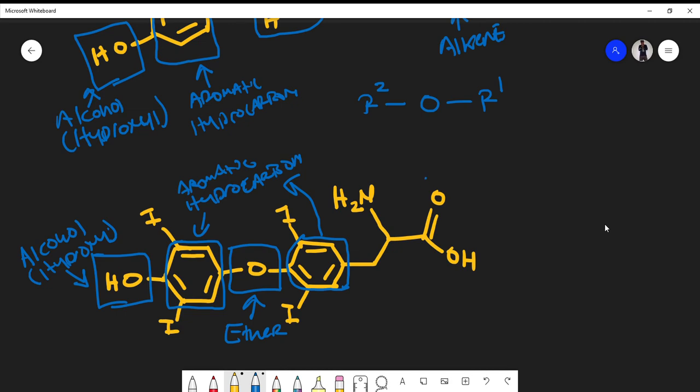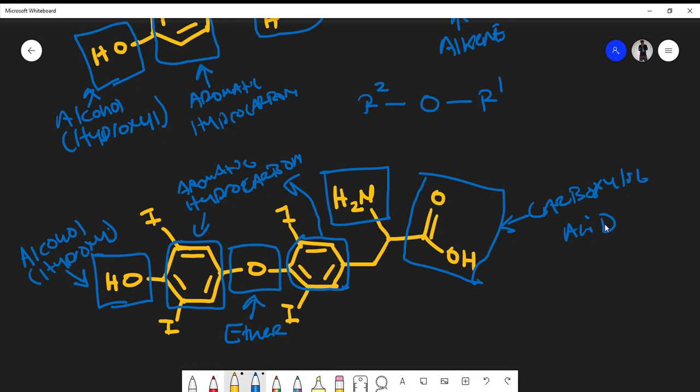Again, we see a double bonded oxygen, and directly adjacent to it we have an alkyl group, and that is our carboxylic acid. Again, the last functional group, we see a nitrogen, and adjacent to it we have a carbon. Again, that's just a nitrogen. It doesn't matter how many hydrogens we have. Again, we classify this as an amine, right, and not an amide.